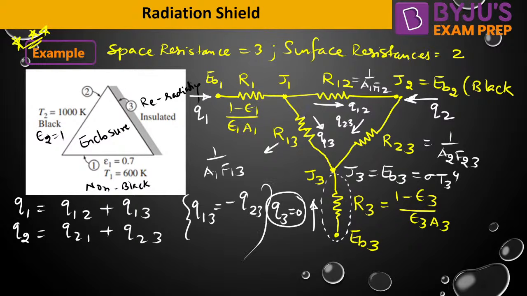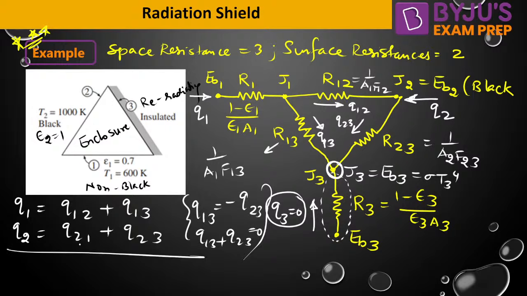Do you agree? Q1 to 3 plus Q2 to 3 is equal to 0 for this node. And Q1 to 2 is equal to minus Q2 to 1.